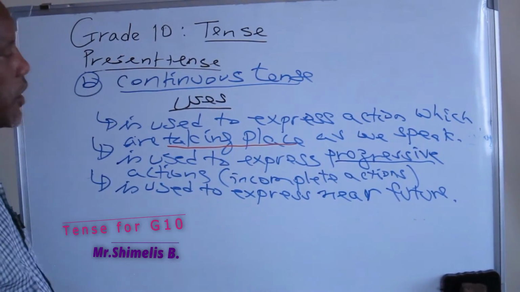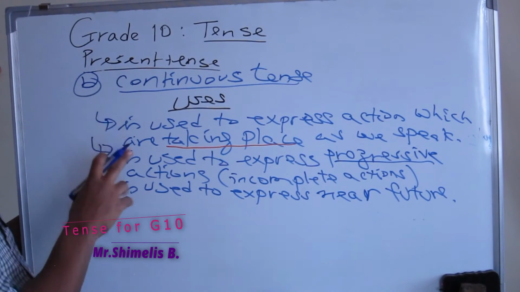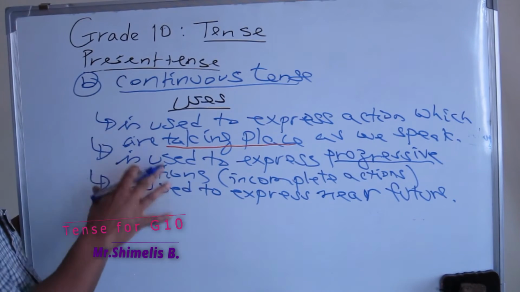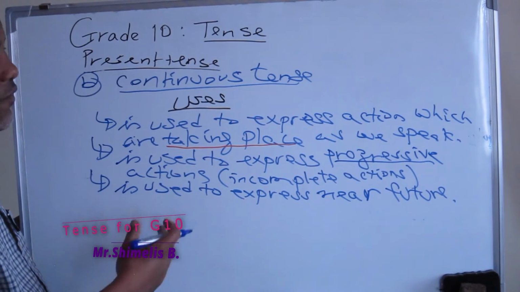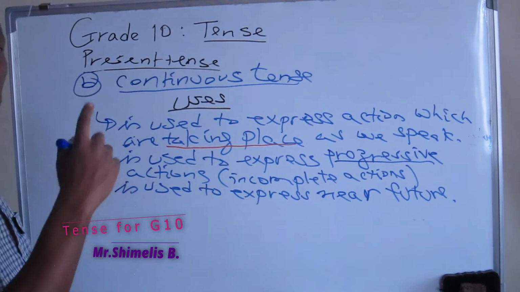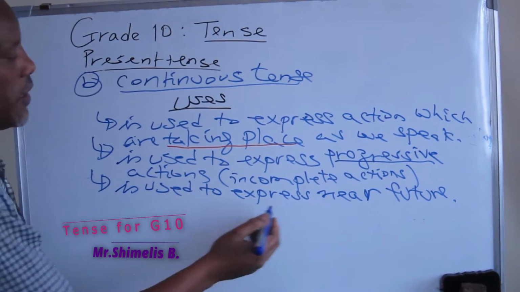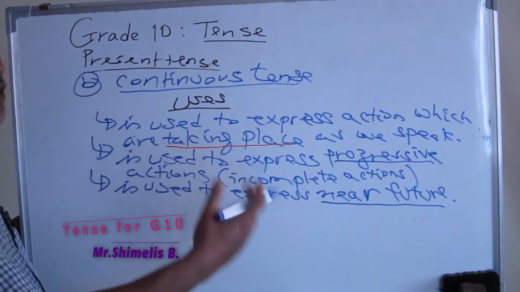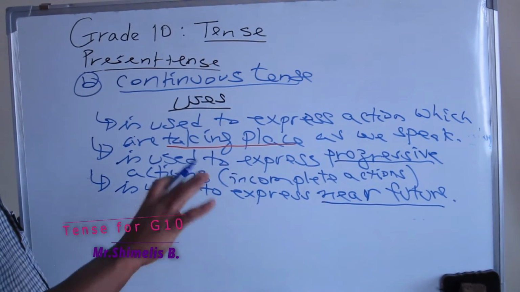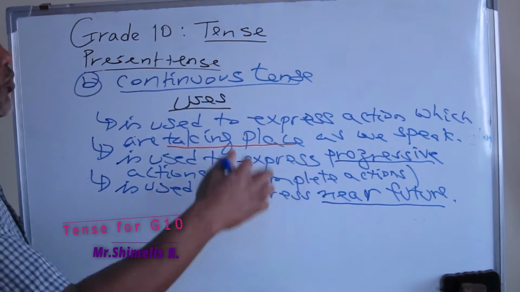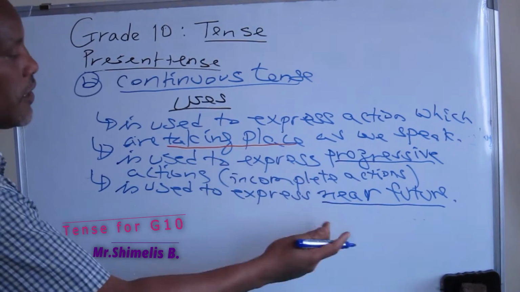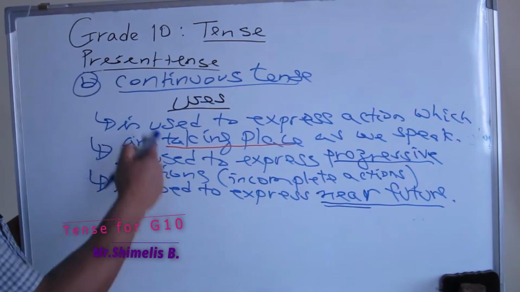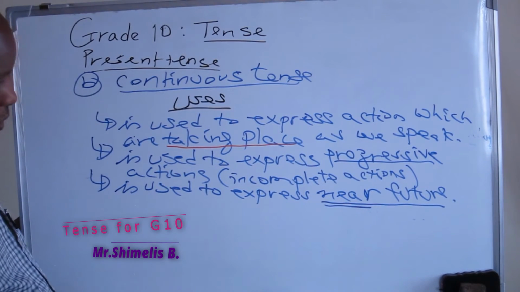If you remember in our discussion of simple present tense, we also said that present simple expresses a future action, but a pre-planned future action. But in the case of present continuous tense, the future action must be a near future action. Not general future actions, but actions which will happen recently or nearly in the future are expressed using present continuous tense.